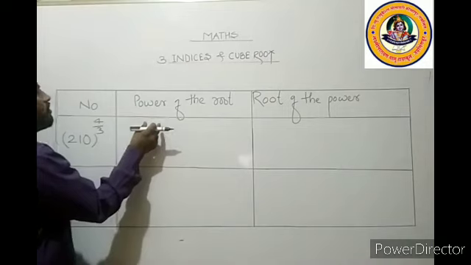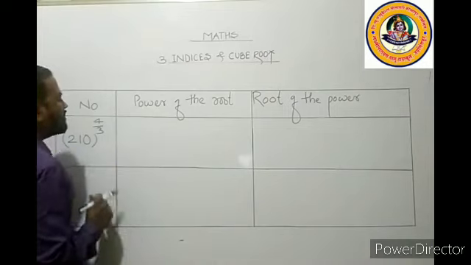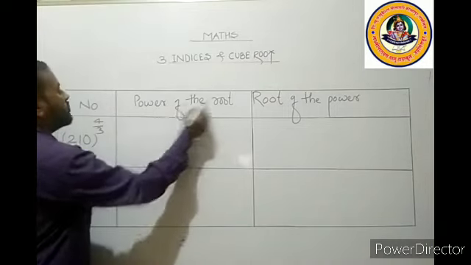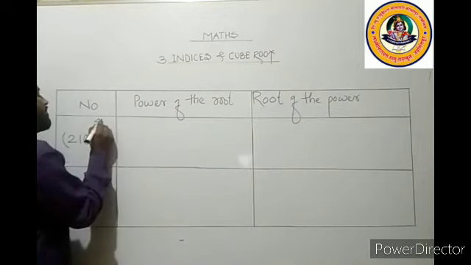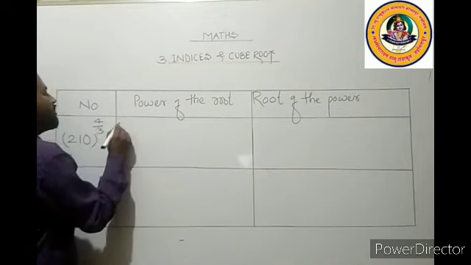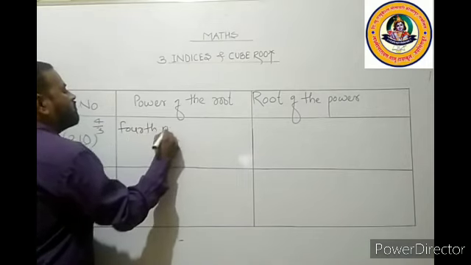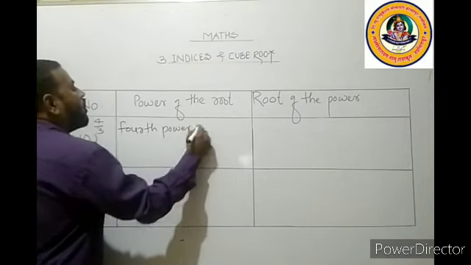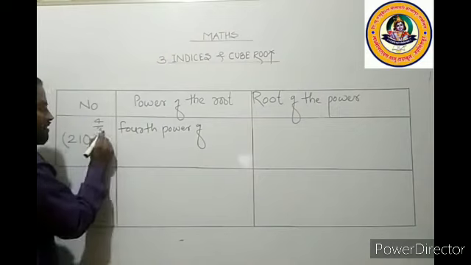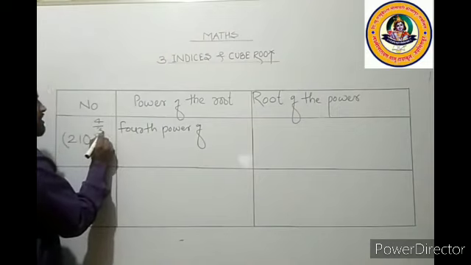How to read it? By the first method, it is the power of the root. First we write the 4th power, of the root. It's a third, that means it is a cube root.